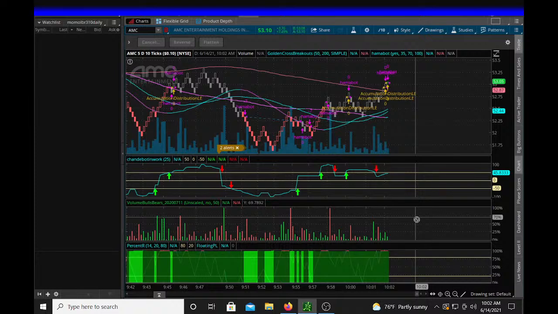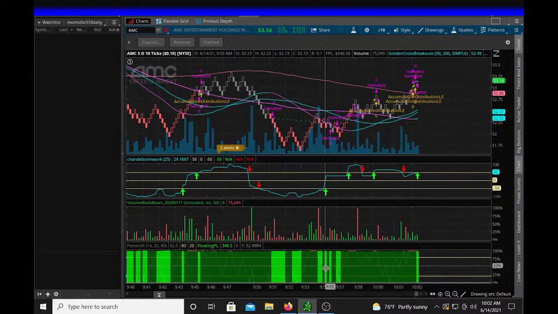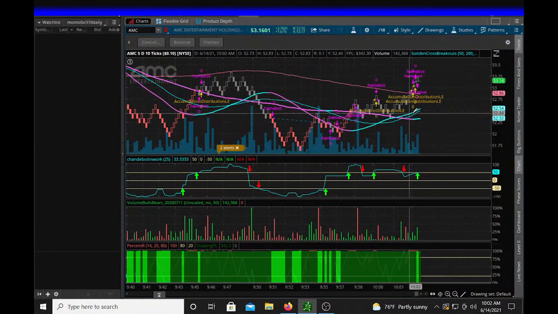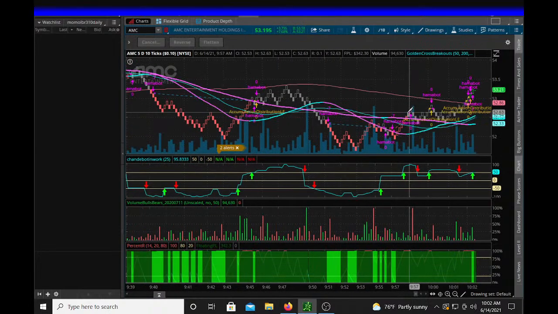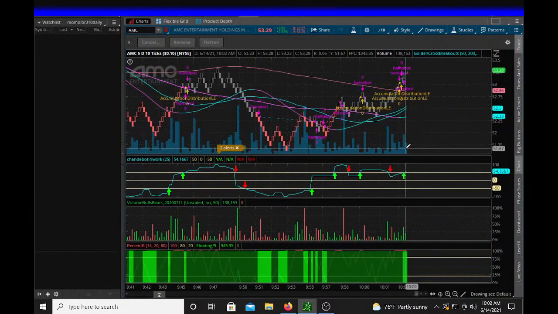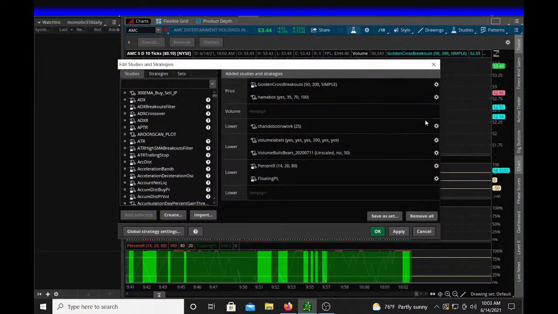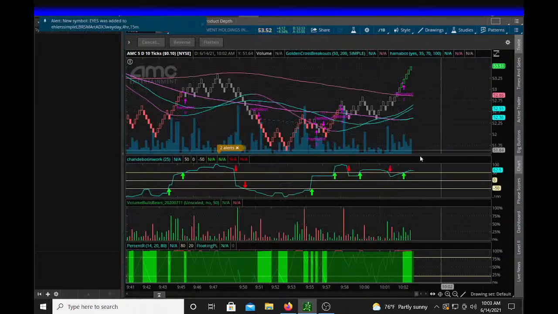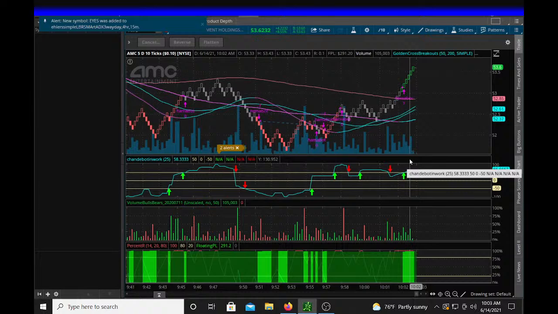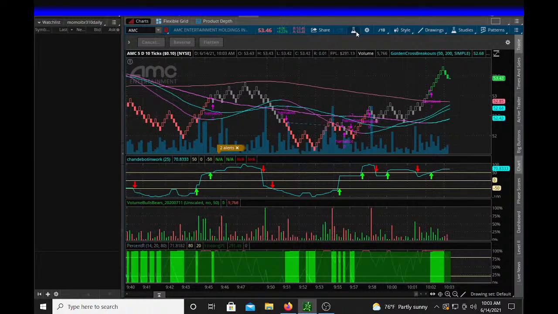Okay, so we've got some green there. Not a whole lot of money, but it looks like Hamabot does do okay, and the accumulation distribution doesn't destroy it. Alright, so 343. Let's get rid of accumulation distribution. Up 291. Oh, okay. Interesting.